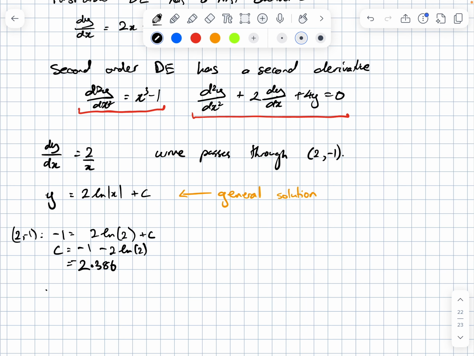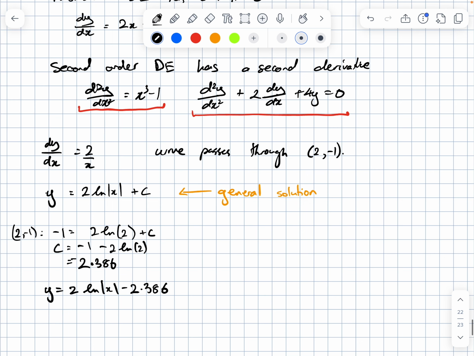So your solution to this is y equals 2 ln x minus 2.386. So when you have a question that has a differential equation in it, most likely the question will say solve. And when it says solve, it actually just means get an equation for y equals in terms of x.